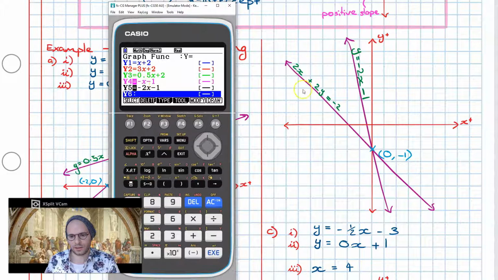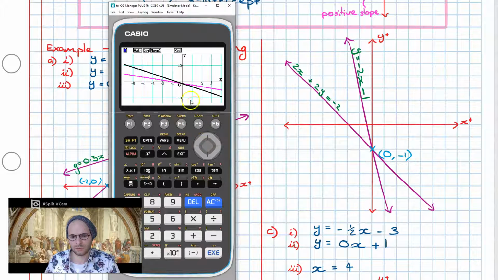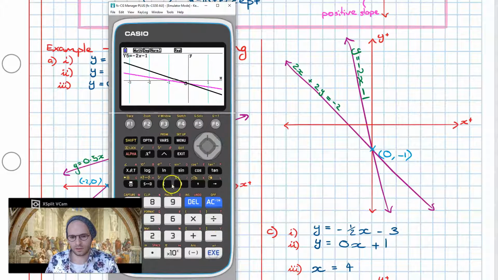Notice that I'm putting in the slope-intercept form of this relationship here, that being that the calculator doesn't accept general form. Alright, pressing F6, I'm going to graph both of these relationships, and then I can zoom in if I want. So I move the cursor over the function and just zoom in to get some more detail.